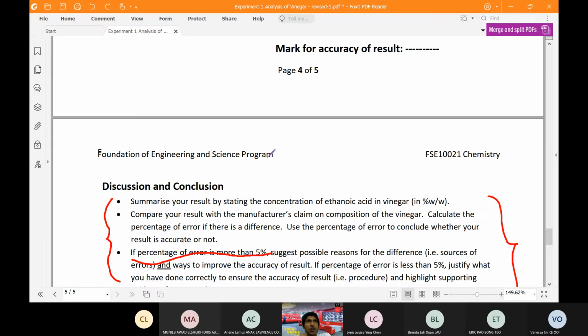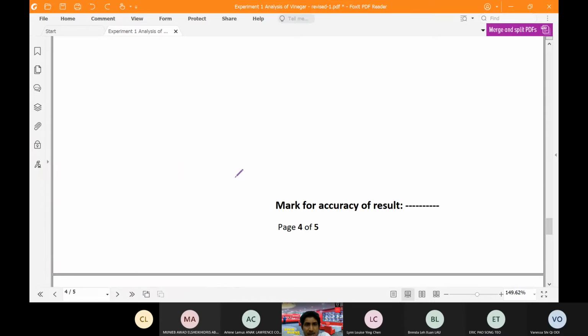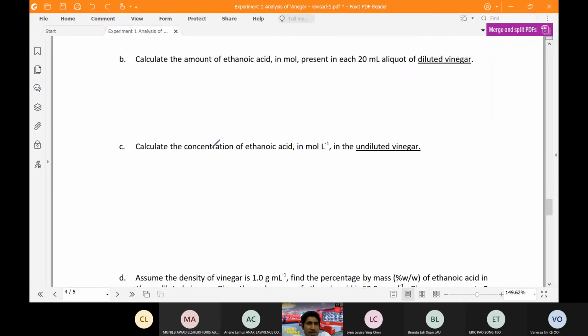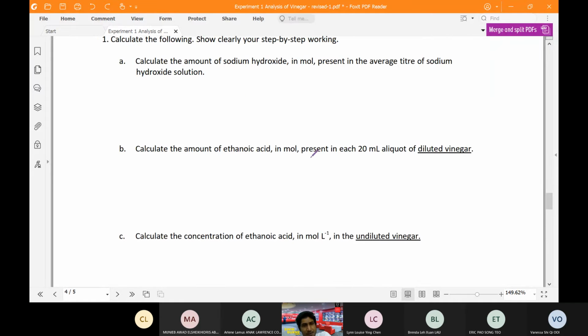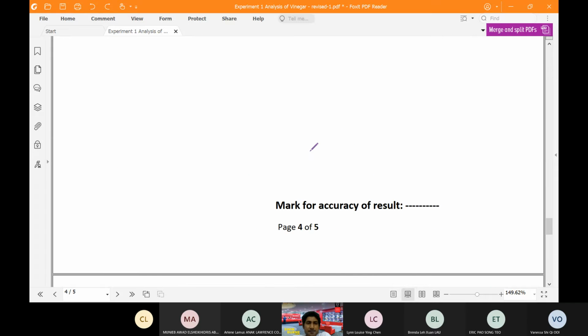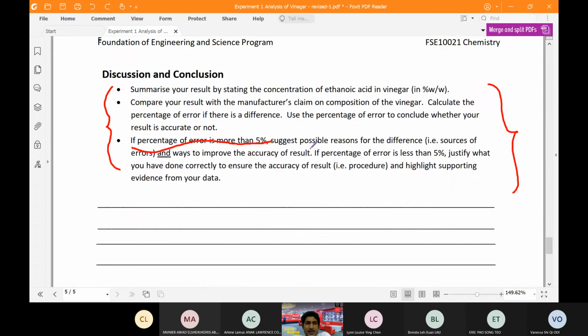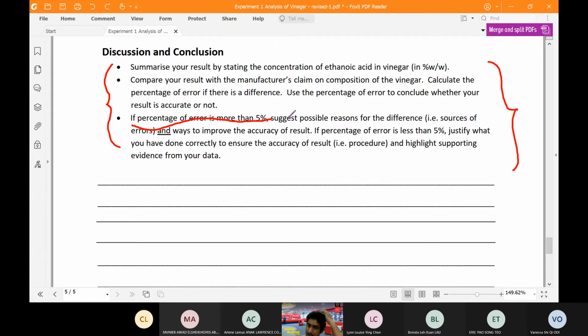So you should be looking at it when you prepare the lab report, and prepare it accordingly. Then, discussion and conclusion: after you do the calculation, put the figures here as accurately as you can, and then the discussion.